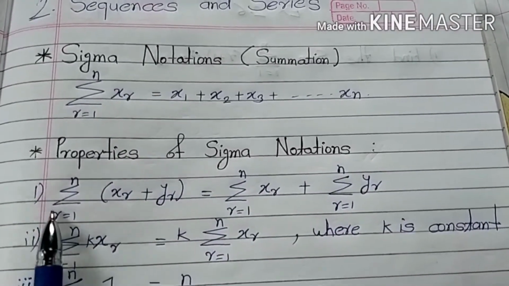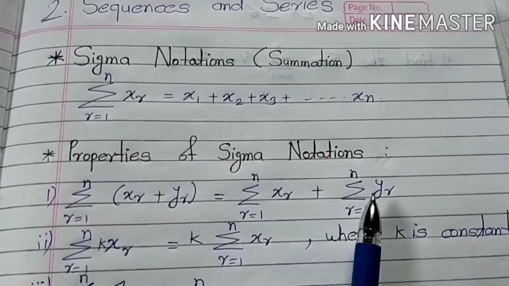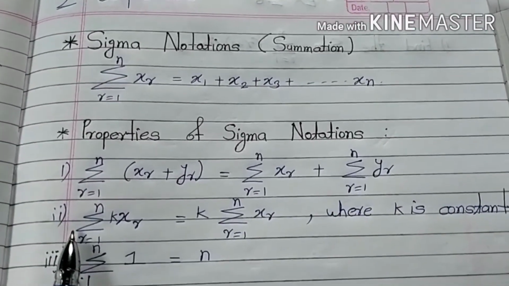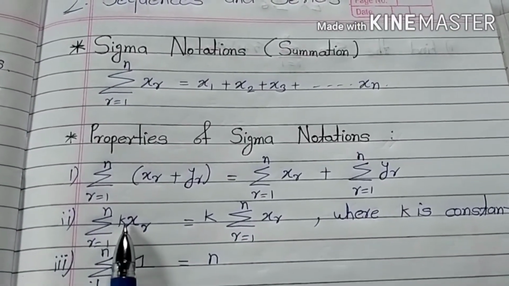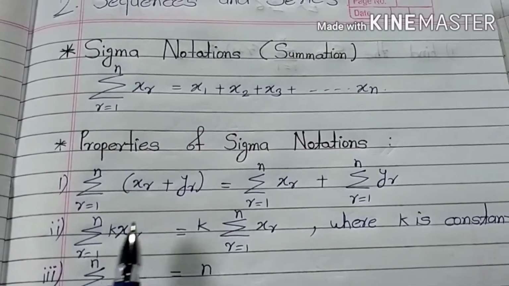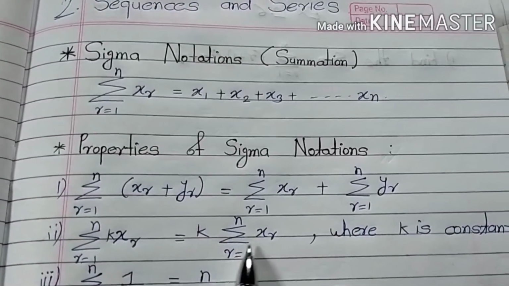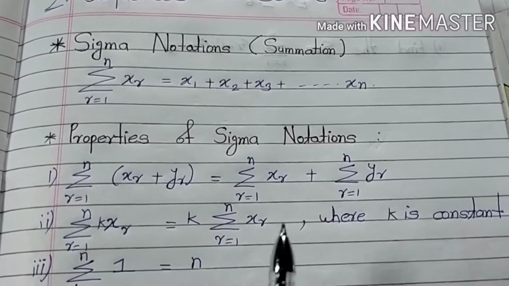Means when we take addition, then summation will be separate. Second, summation of k into xr where k is constant, then take k outside of summation and summation will be as it is.